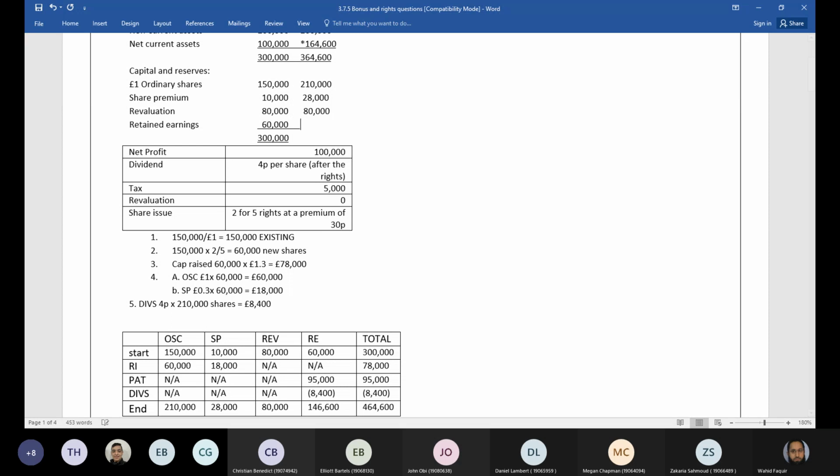Retained earnings, 146,600, and we've agreed that the closing figure should be 464,600. So why do we have a difference between the bottom half and the top half of the statement of financial position?